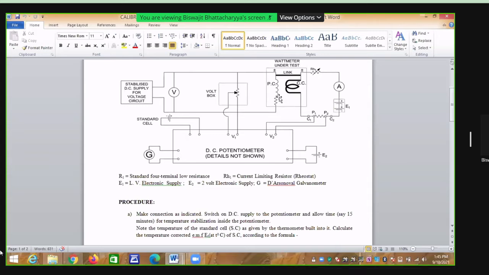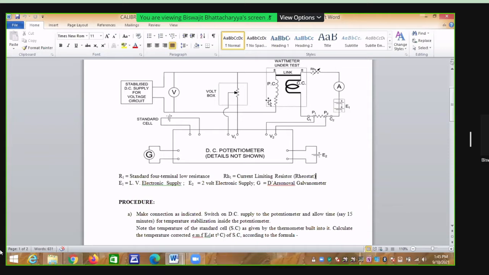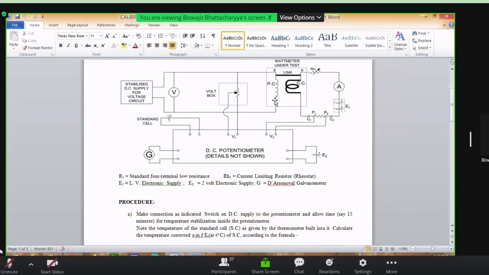So what is the voltage drop across the internal pressure coil? It is only not more than 1 volt, much smaller, also in the range of millivolts.